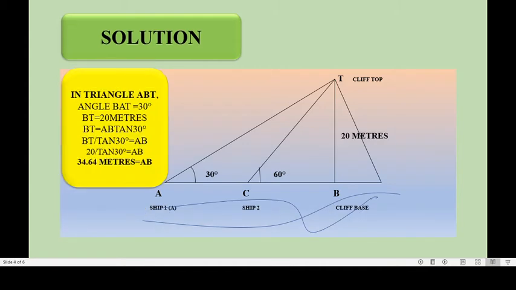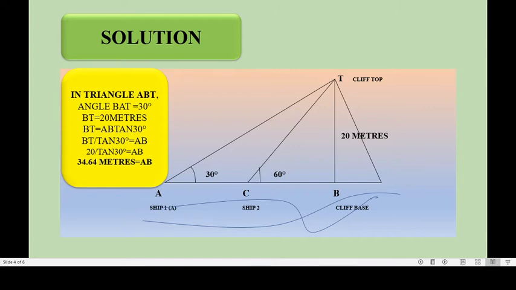Now in triangle BAT, angle BAT equals 30° and BT is 20 meters. Generally, if we need to find the height BT, we go by the formula d tan theta, where d is the distance between A and B in the given triangle.